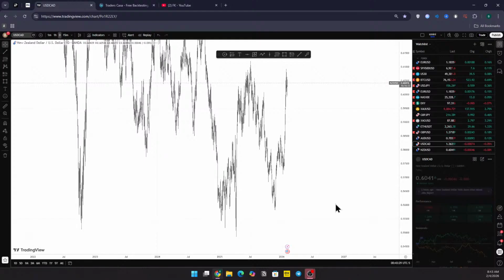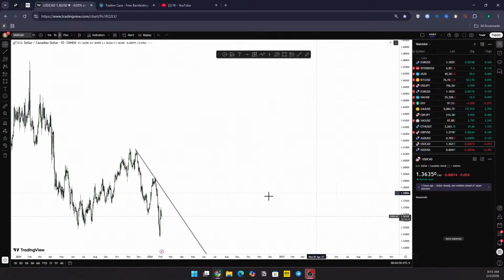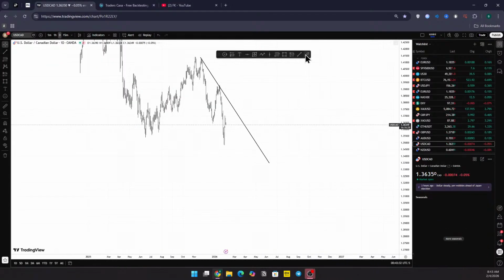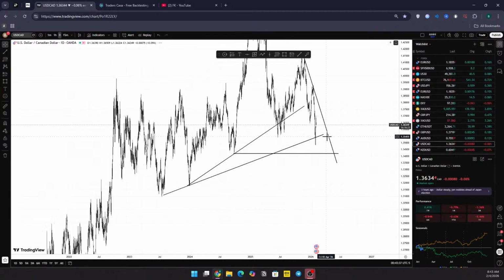Okay, going to USD/CAD again. So maybe the market has already shown us a structure shift, right, guys? This trade.